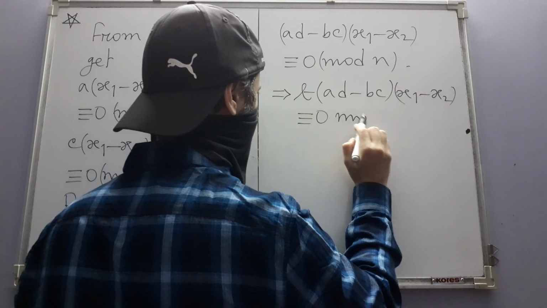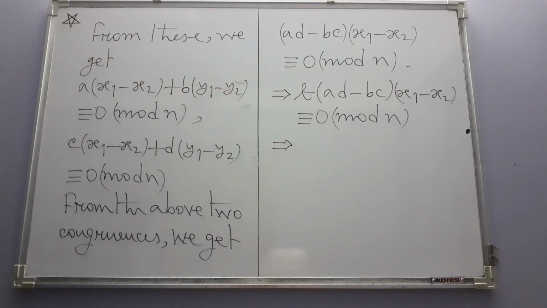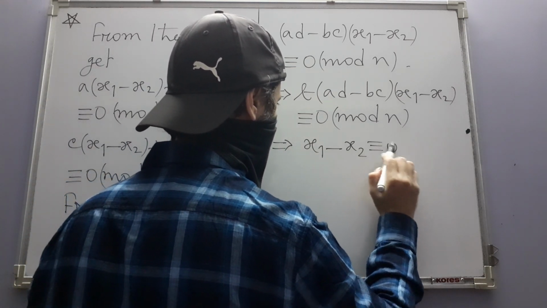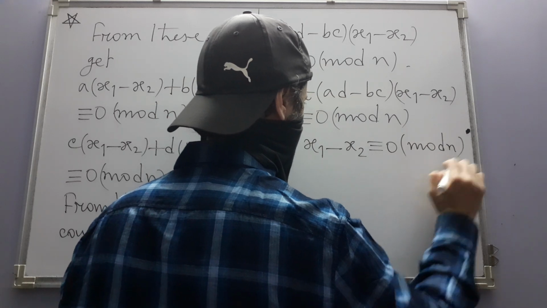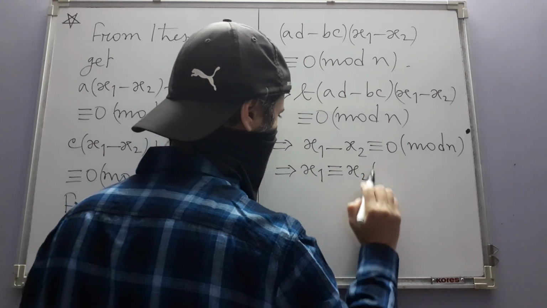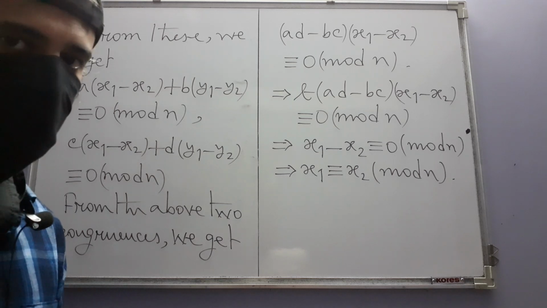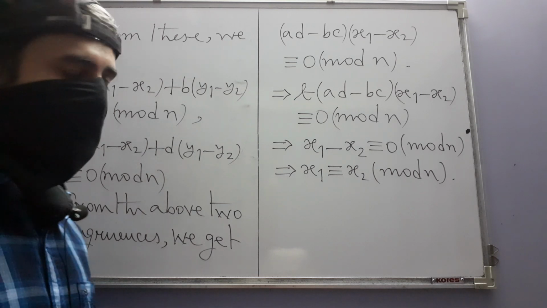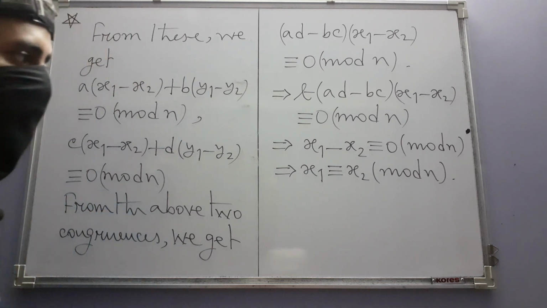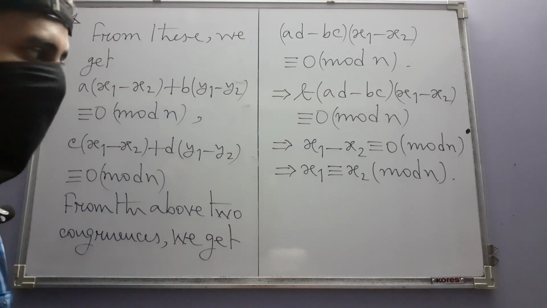Multiplying 0 by t will give you again 0, and t times (ad minus bc) is congruent to 1. So you end up getting this. And this implies x1 is congruent to x2 mod n. So although the integers x1 and x2 may be different actually, there is essentially no difference whether you take x1 or x2, because they are congruent to each other modulo n. So you don't get anything new in fact.